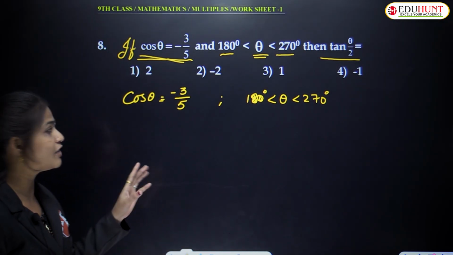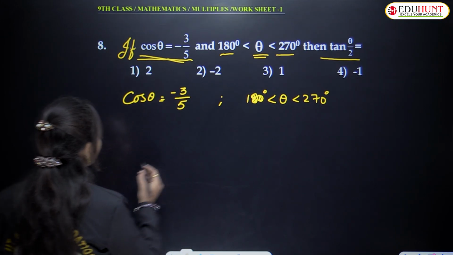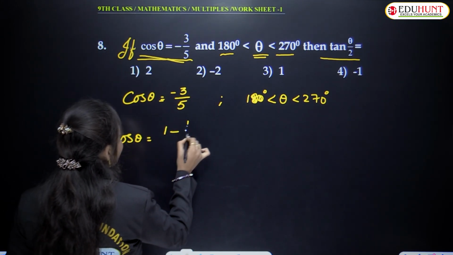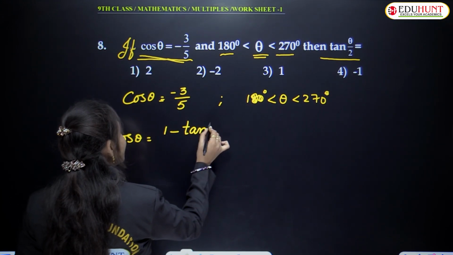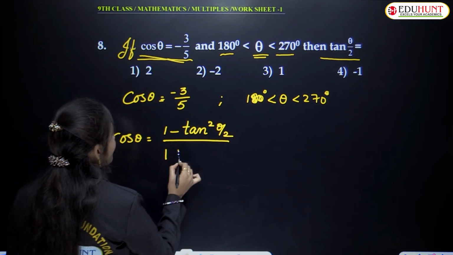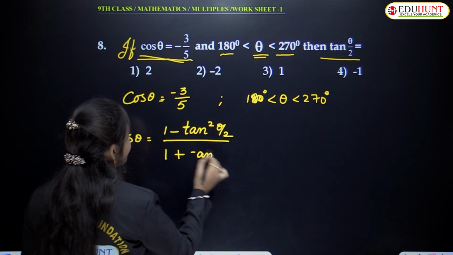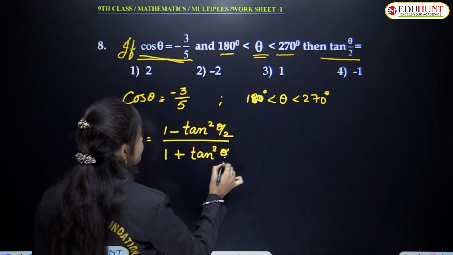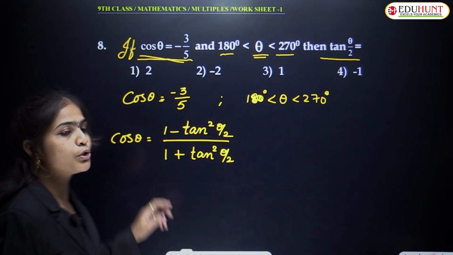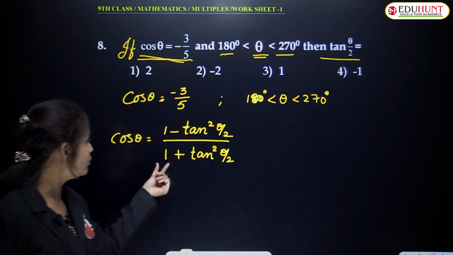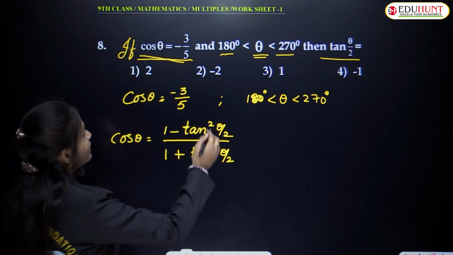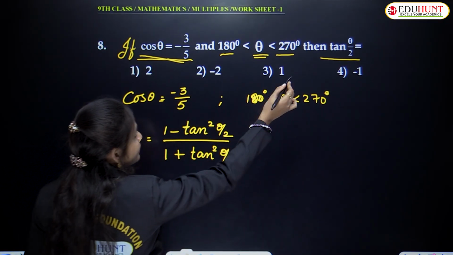So cos theta is equal to 1 minus tan square theta by 2 whole divided by 1 plus tan square theta by 2. Have you remembered this? Yes. Cos theta is equal to 1 minus tan square theta by 2 whole by 1 plus tan square theta by 2. Here we need to find tan theta by 2.